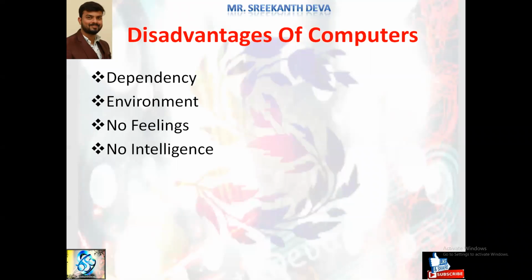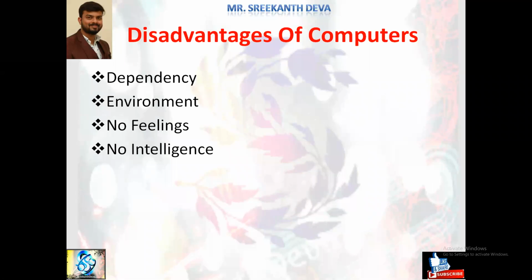There are some disadvantages of computers, like dependency. Simply we can call it no intelligence. Why? Because a computer can do several jobs. It can calculate, it is very high speed, it produces accurate results, and it stores a large volume of data. But I'm saying no intelligence because a computer has no intelligence of its own.